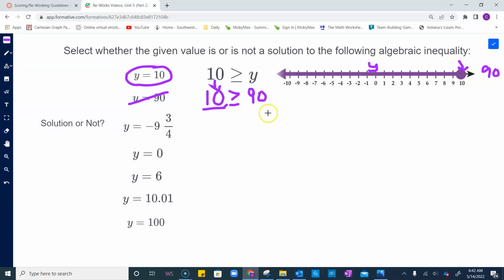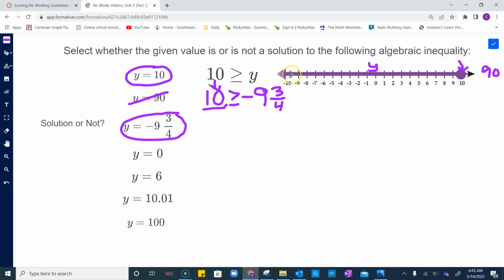So then we look at negative 9 3/4. We can take that 90 out, put in negative 9 3/4. We do this for each just to read left to right, and it's nice if you write it because then you can see what you're reading. You don't have to manage it all in your head. 10 is greater than or equal to negative 9 3/4. Is 10 bigger than negative 9 3/4? Yes, 10 is bigger than all negative numbers, so that's an automatic win.